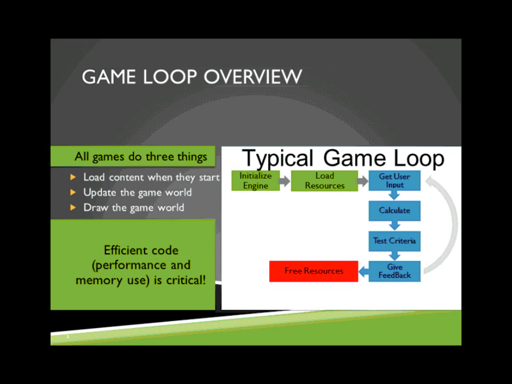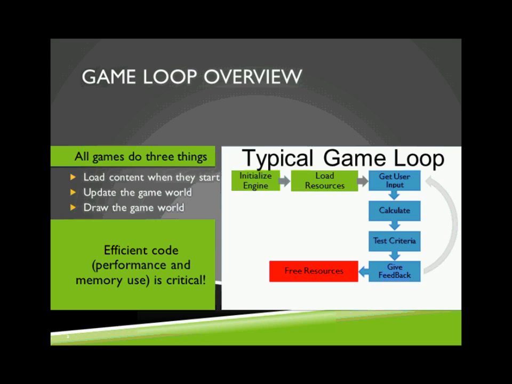So it's a little bit of a different programming paradigm. But the biggest thing to remember is that there are three things specifically that you need to do in a game. One is when the game starts, you need to load the content. So loading the graphics, loading the audio, and any other resources your game is going to use so that they're loaded up in memory and your game can execute against them.